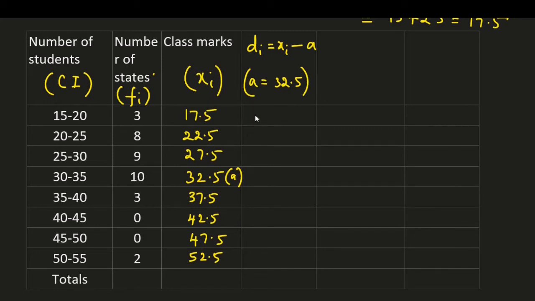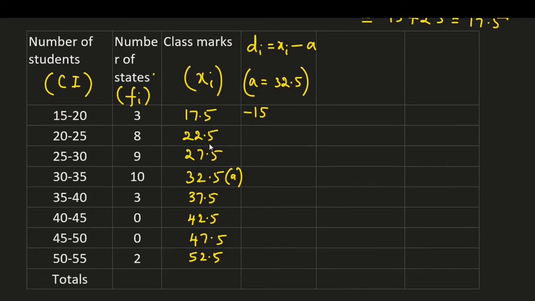Now we get di values as 17.5 minus 32.5, which is minus 15.